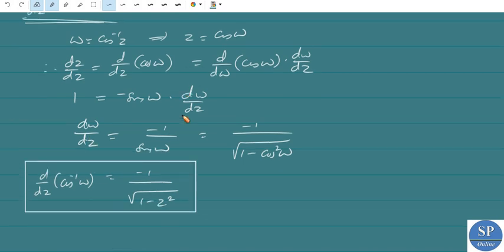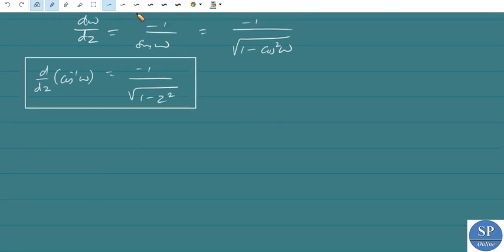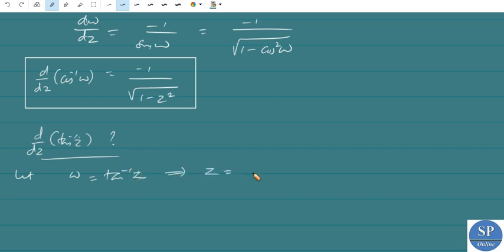Next, tan inverse of z. How to find d by dz of tan inverse of z? For this, we can write let w equal to tan inverse of z. From this we get z is equal to tan w.